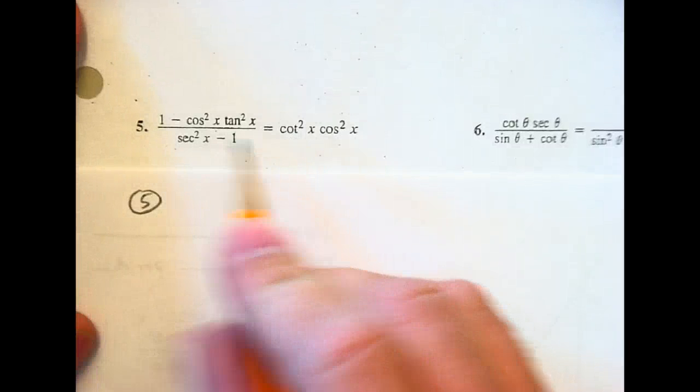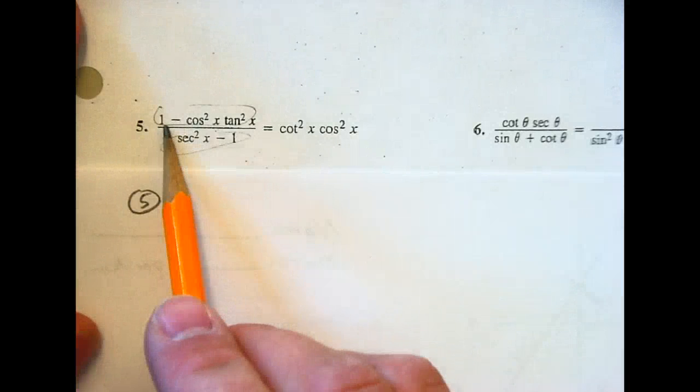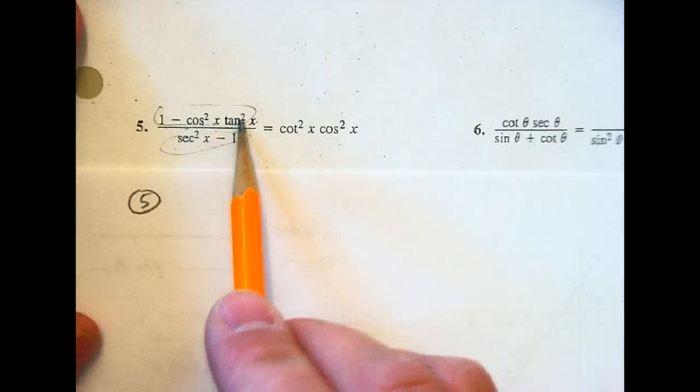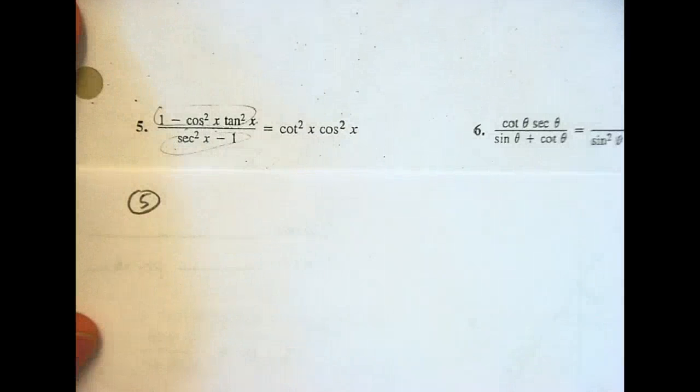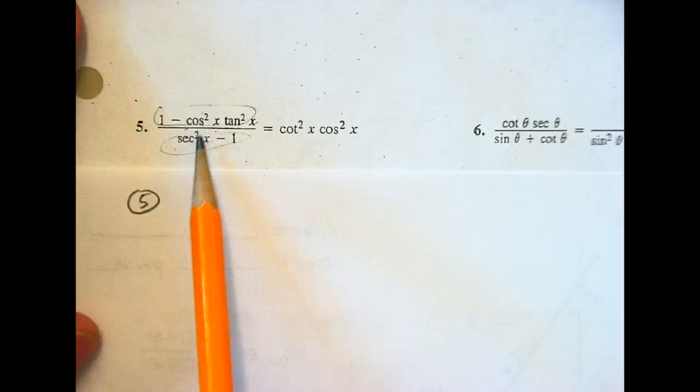Okay, so I'm going to go through the same process here on number 5. We're going to try to simplify the top and the bottom if we can. When I look at cosine squared and tan squared, cosine squared is cosine squared over 1.